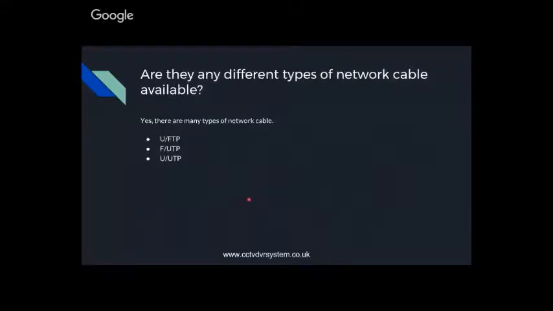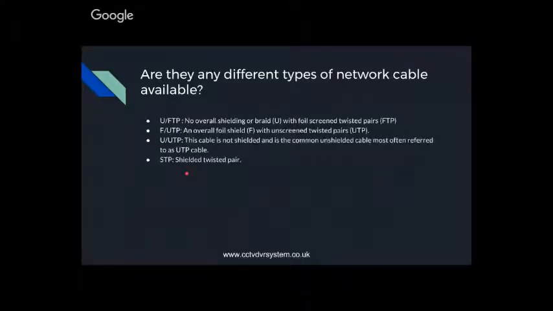So what are the different types of network cables that you will find in the market? You've got FTP, UTP, STP, and FUTP. So what are these? FTP has an overall foil shield with unscreened pairs. UTP is not shielded at all.